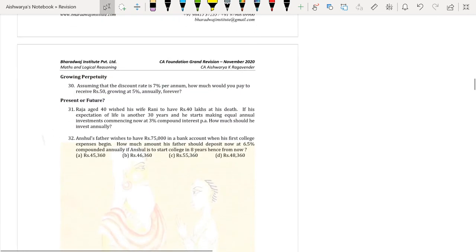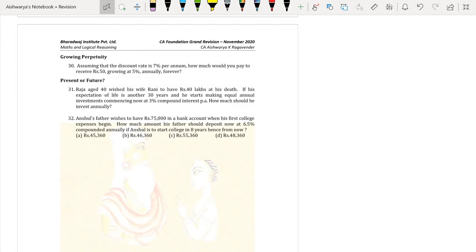Read the 31. So, time graph. Okay, Raja is now 40.